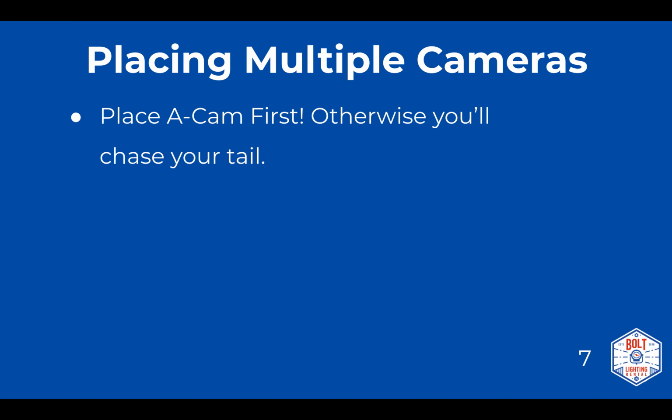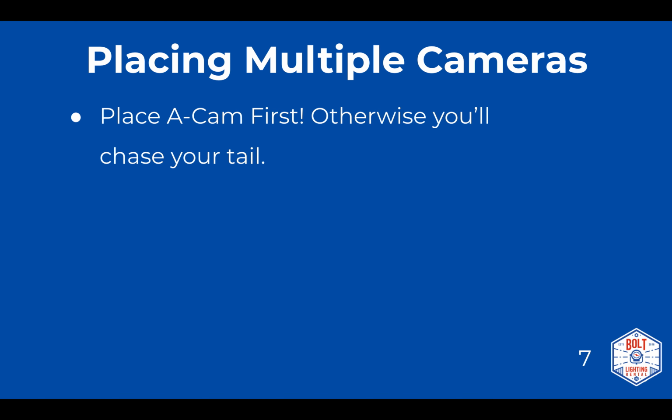What ends up happening is now A camera is forced out of its position and it can't get the great shot that it had before. And so then A camera tries to work back in, and then B camera is like, you end up chasing your tail, as it says in this slide.